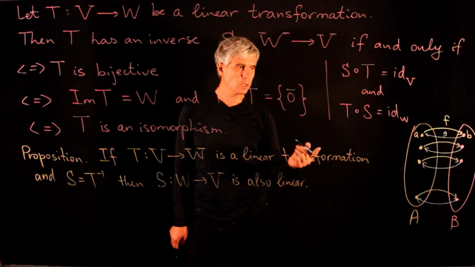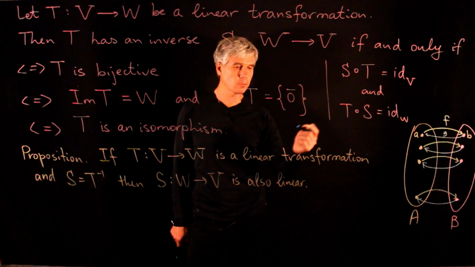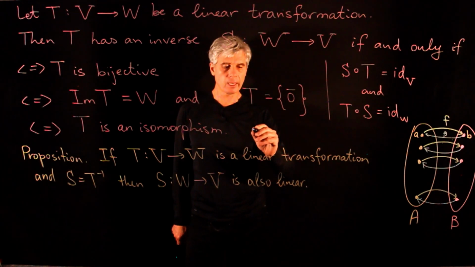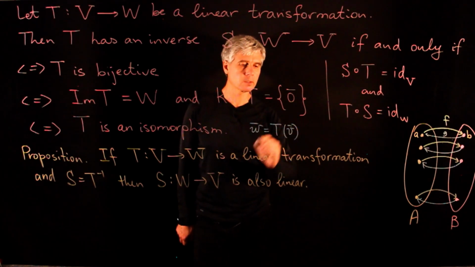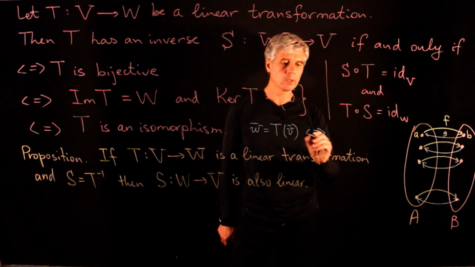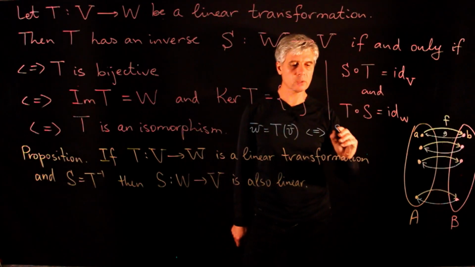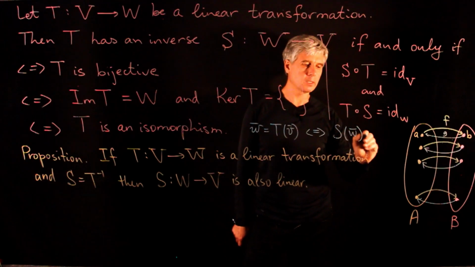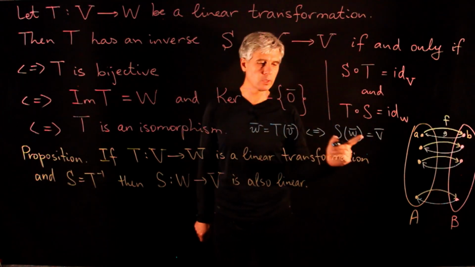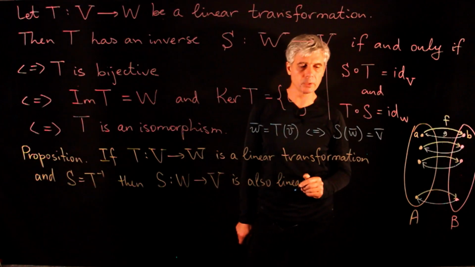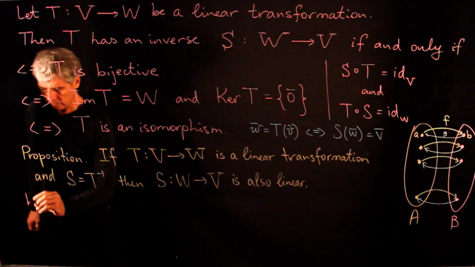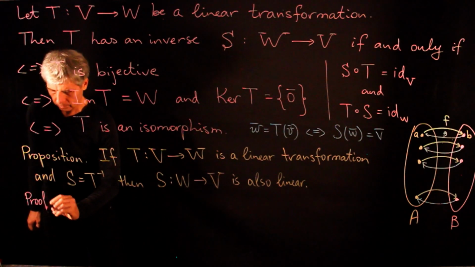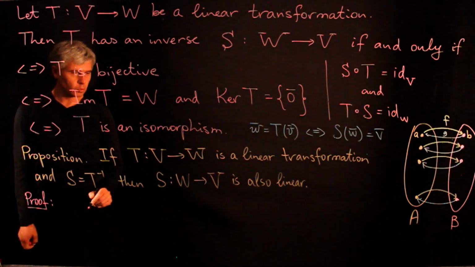So the proof is going to be based on the property of inverse functions that we see. That if W is T of V, then this is equivalent to saying that S of W is equal to V, right? So these two statements are equivalent to each other for inverse functions. Okay, so let's give a proof of this proposition. So what do we need to show?